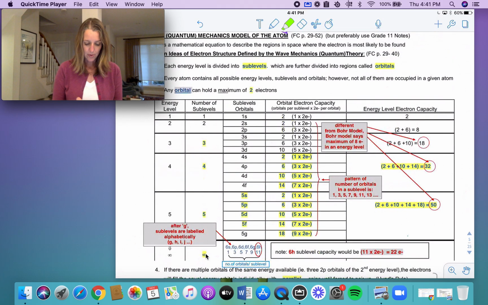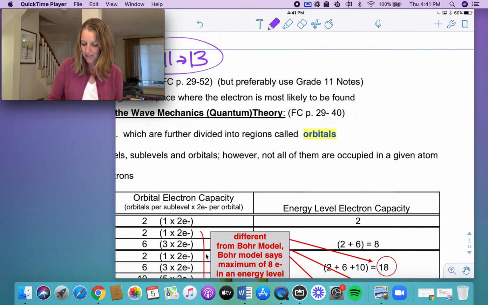Okay, so again, energy level, number of sublevels are corresponding to the energy level. That's the same. And then, of course, s, p, d, f, and we don't get much farther than that, right? s, p, d, f, and I always remember that. I always, at the side of my sheet, go s, p, d, f, 1, 3, 5, 7.